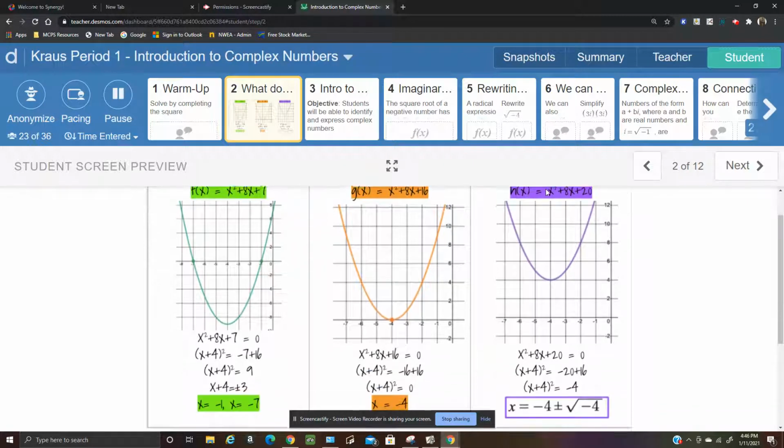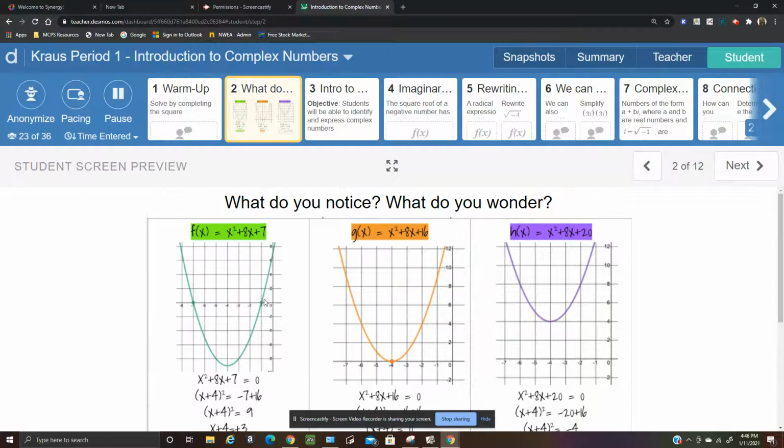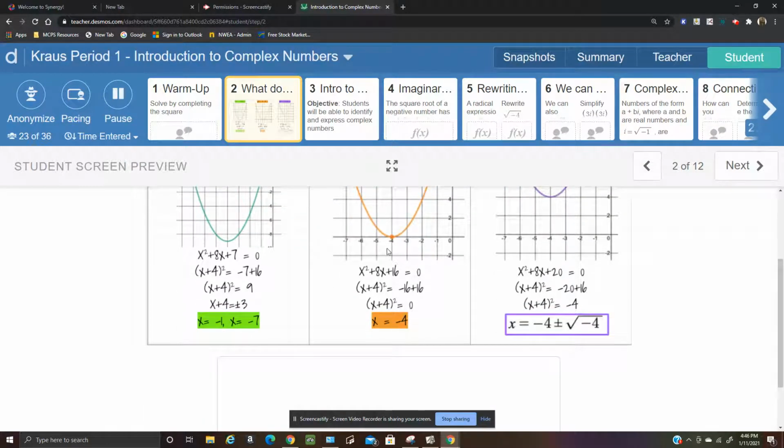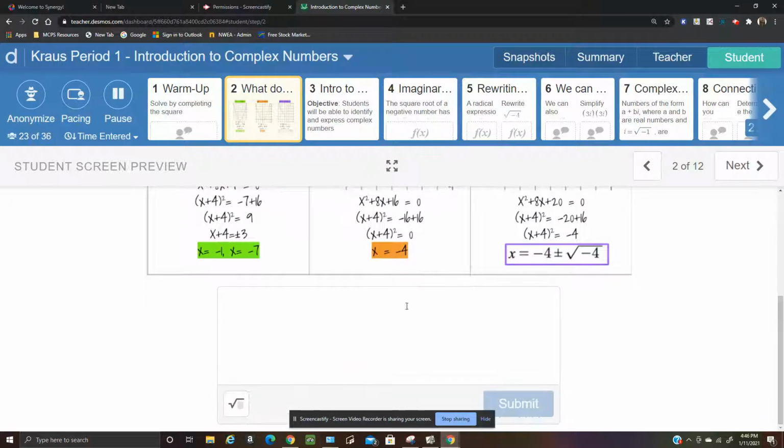So what do you notice here is that when there's two solutions, there's two x-intercepts. One solution, one x-intercept, and no real solutions here, no x-intercept.